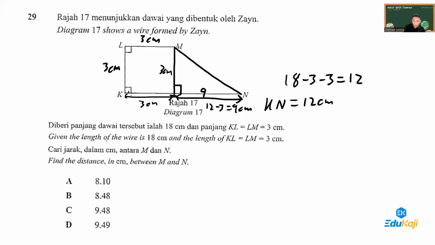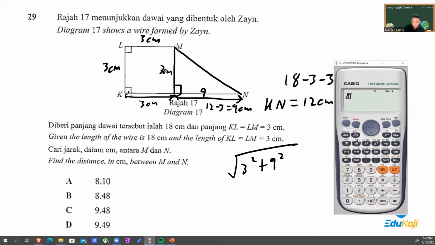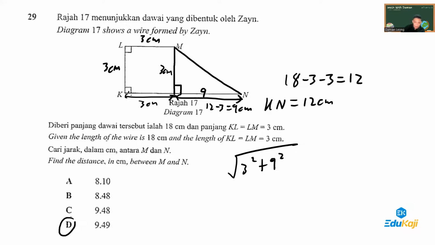So I know here is 9, here is 3. I can use Pythagoras theorem to find MN. MN is the hypotenuse. So square root of 3 square plus 9 square, I will get 9.486. So 9.49. Answer D.